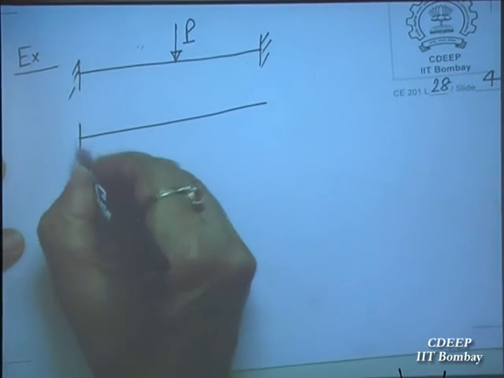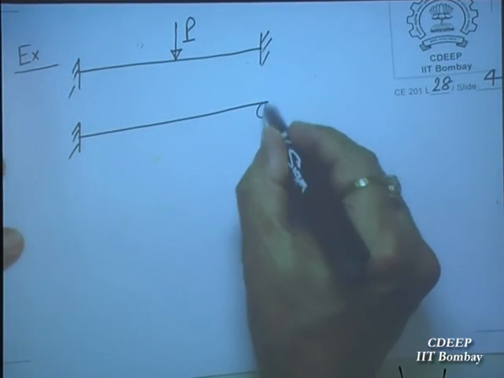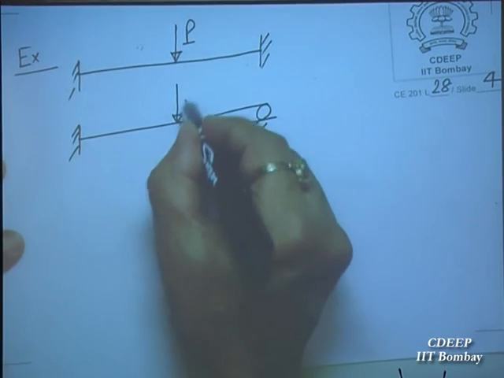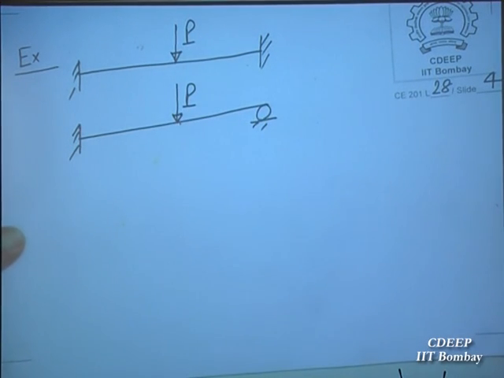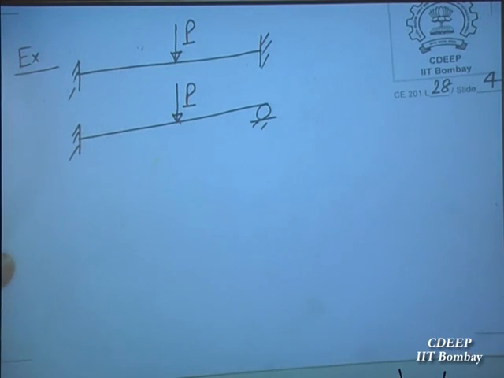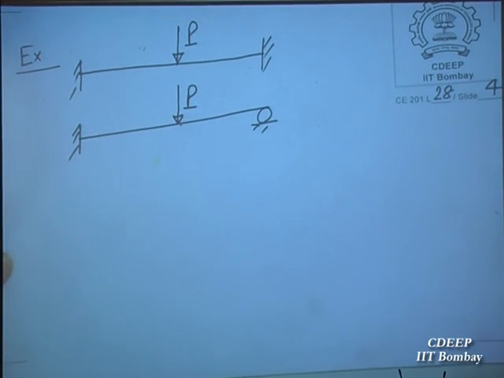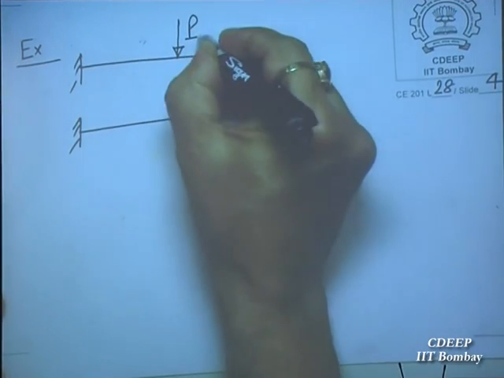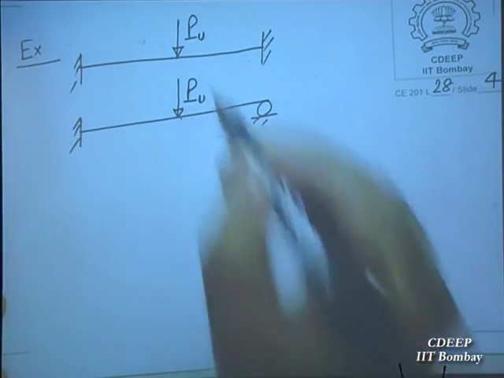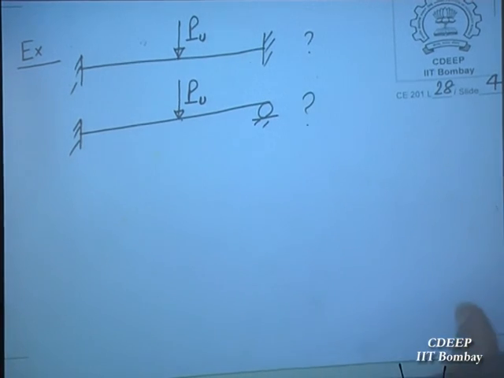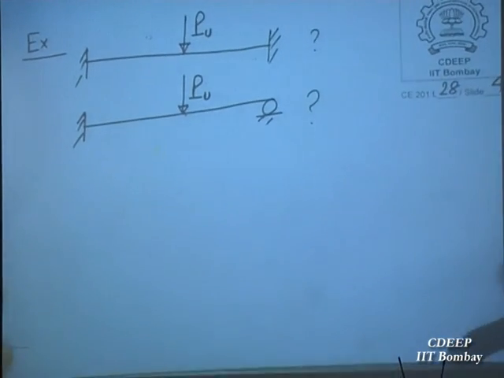Then please find out the ultimate load capacity of this other one. These are all simple problems. And one is P. Yes, these two examples you please do. Please find out what is PU. So this you do. Okay, thank you.